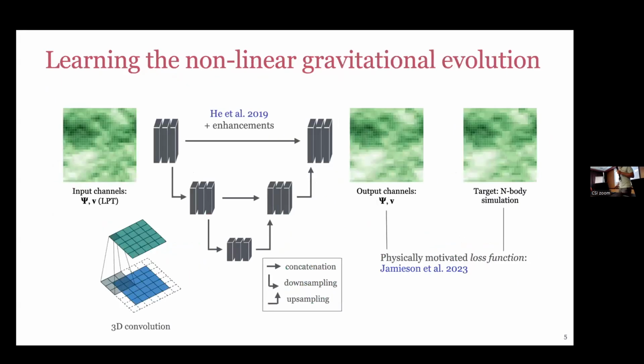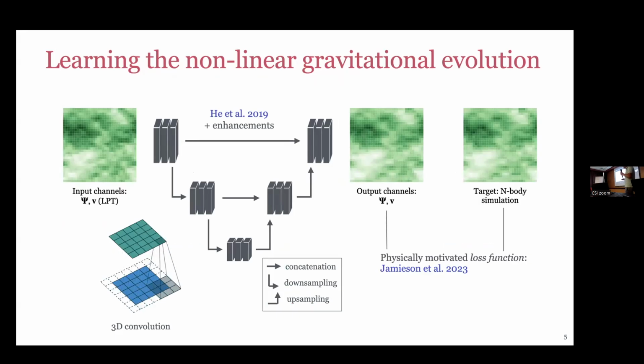More precisely, what we're using is this architecture. For those of you familiar with machine learning, this is a VNet or a UNet. There are some differences, but this is highly used in image segmentation, for example. In images you have your pixels, and for your pixels you have channels, your color channels.